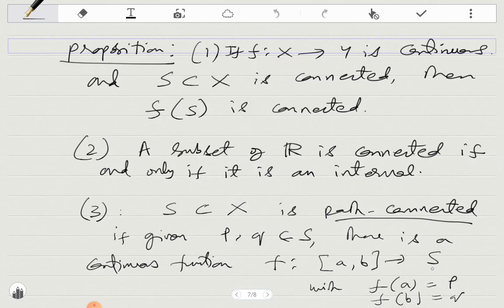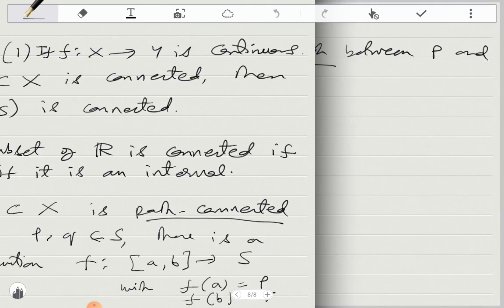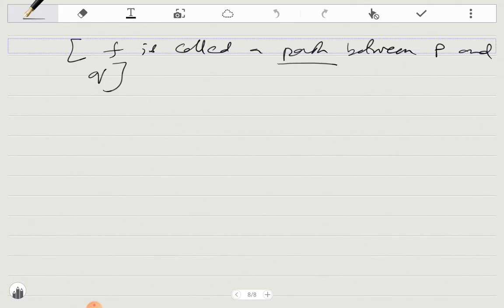Here I'm using the trivial fact that a subset of a metric space is itself a metric space. Just use the same distance function on the subset. So S itself can be a space. So what I wrote is a definition of a path connected set.